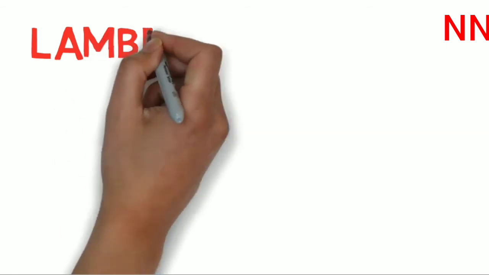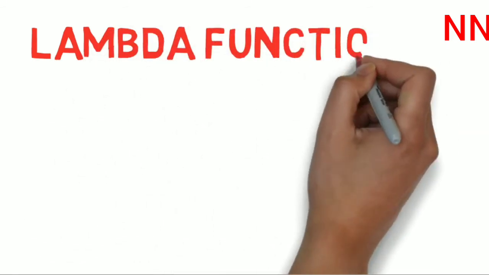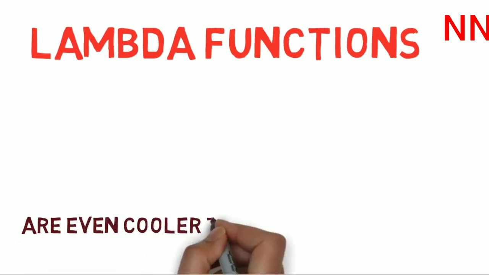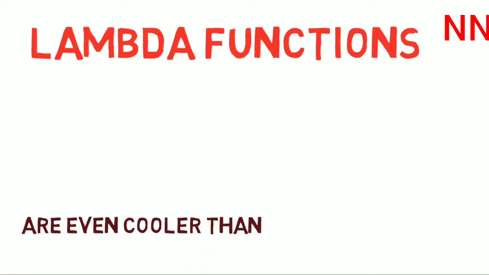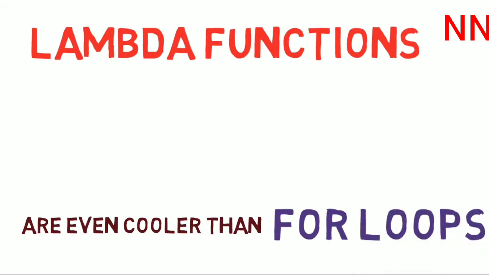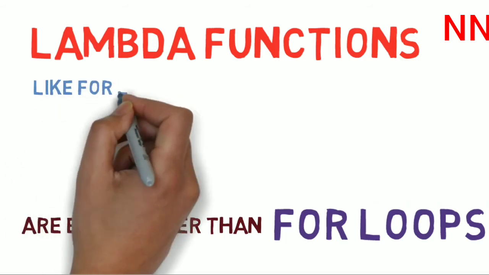Now, we learned how for loops are a way to do something to every element of a list or every key value pair of a dictionary. Lambda functions are even cooler than for loops.